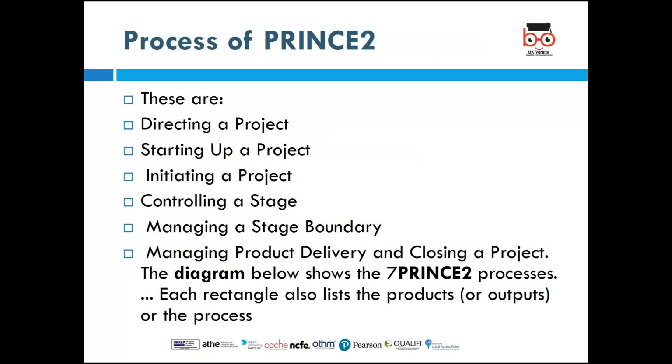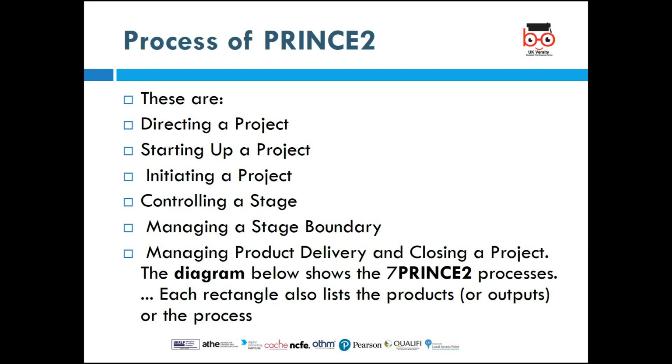Okay, let's look at the next slide. Processes of Prince 2. These are directing a project, starting up a project, initiating a project, controlling a project, managing a stage boundary, managing product delivery, and closing a project.